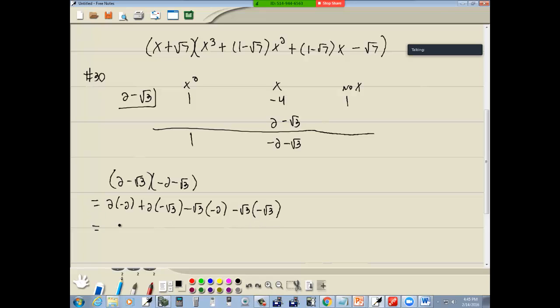Okay. Which gives us negative 4 minus 2 square root of 3. And negative negative gives us a positive 2 square root of 3. Negative times negative is positive. Square root of 3 times square root of 3 is 3, which ends up giving us the negative 1. And then negative 1 and positive 1 gives us 0.